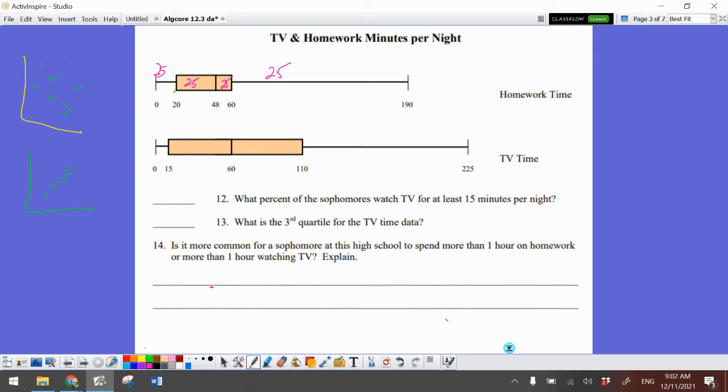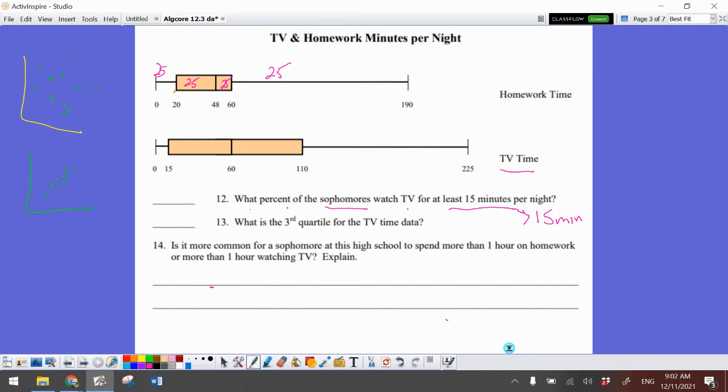All right. So this is comparing TV and homework minutes per night for sophomores, for 10th graders. It says, what percent of the sophomores watch TV for at least 15 minutes per night? So that means more than 15 minutes. I'm looking at TV time.